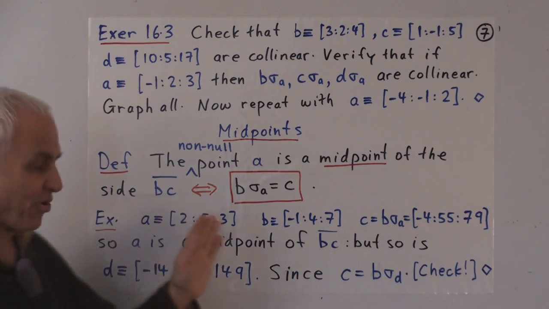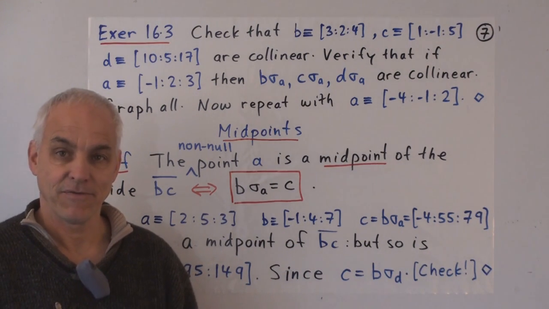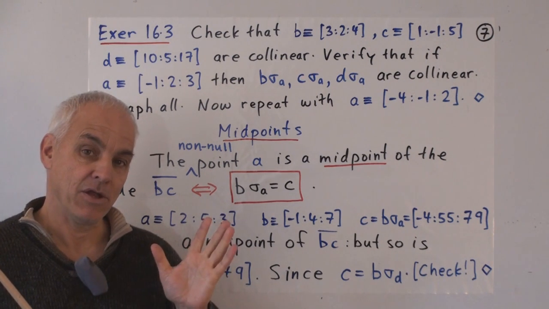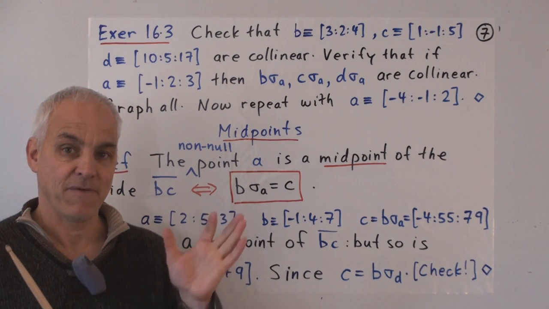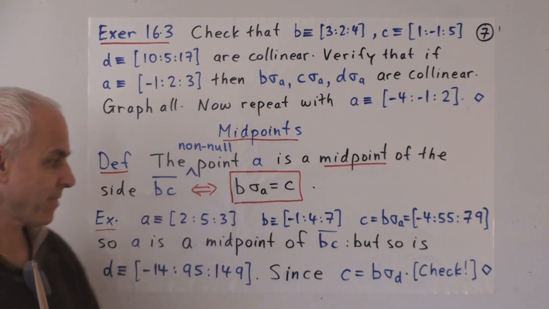Now what's maybe a little bit surprising in this hyperbolic setting is that midpoints, first of all, don't always exist, but secondly, they are not unique. If a midpoint exists, then there will generally be another midpoint too.